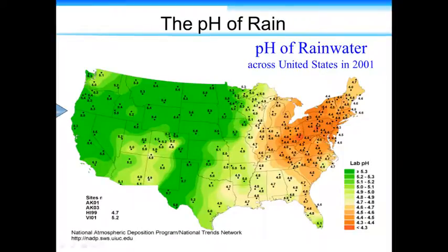Let's take a look at the pH of rain. So neutral rainwater is about pH 6, but recently the average pH in the United States, or at least in the last 100 years, has dropped down to about pH 5.7. And if you look here on the East Coast, you can see that the average pH of the rain is much lower.